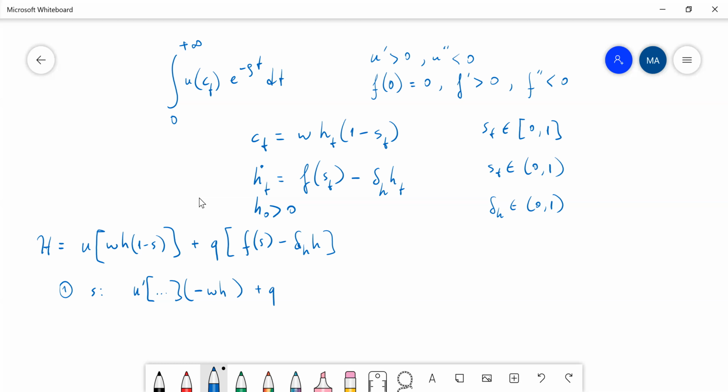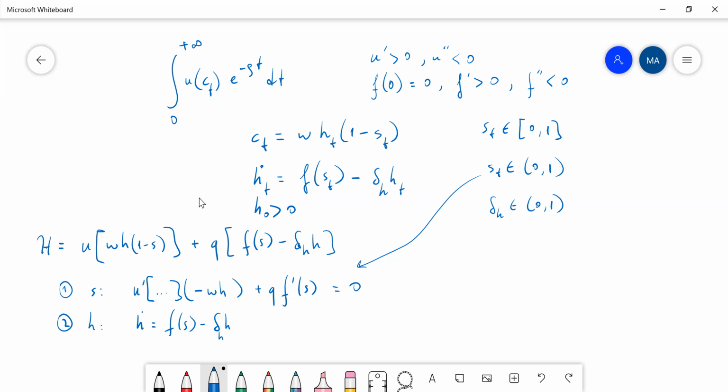Plus you have q times F prime(s). And since it is interior, I assume that this is equal to 0. Second, we have the constraint itself. So h dot will be equal to F(s) minus delta_H h.